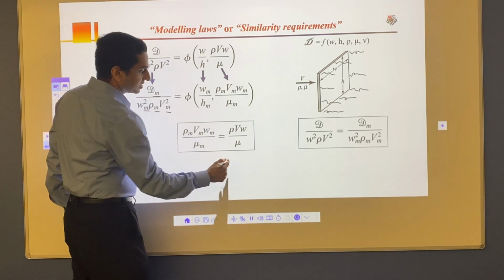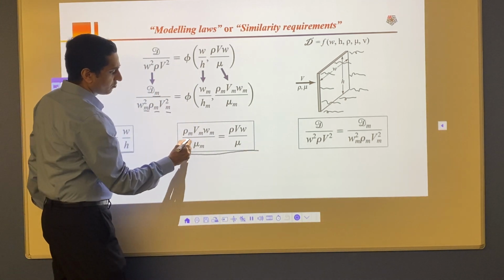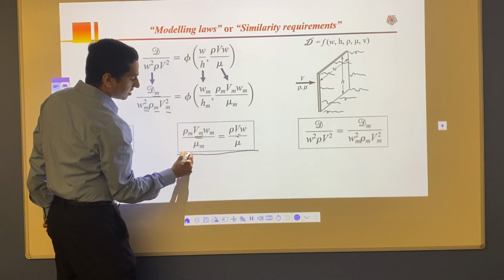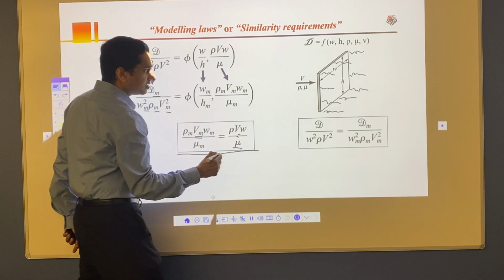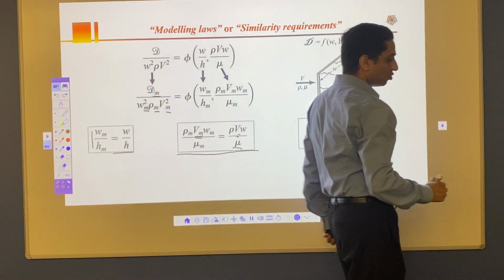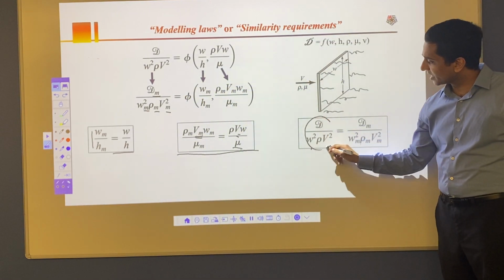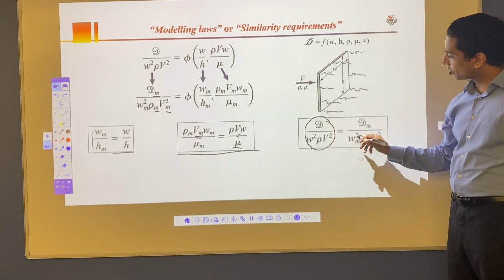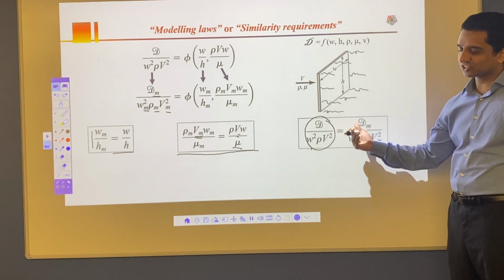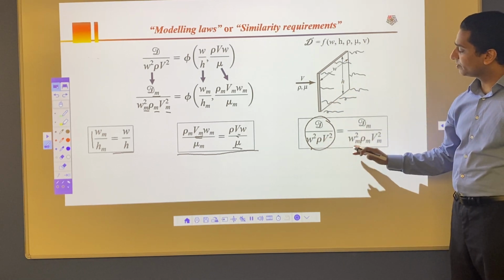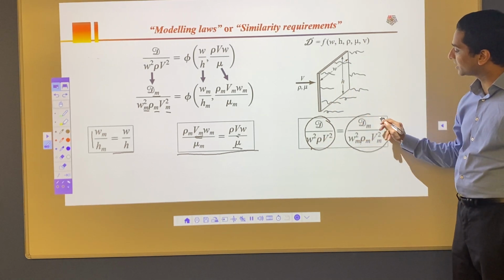Not only dimensions, but testing conditions, the velocity of the fluid, they have the same pi term for prototype and model, and the same thing with the drag force. Whatever ratio I get, that ratio is dimensionless, it does not have a dimension. That ratio for a big plate will be the same for my model, my small plate.